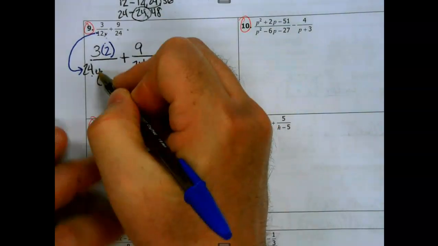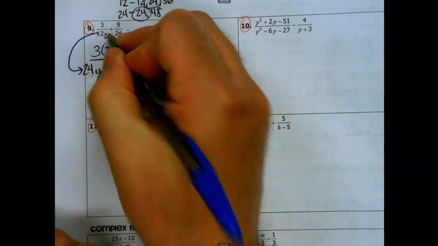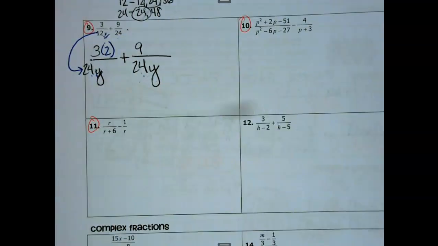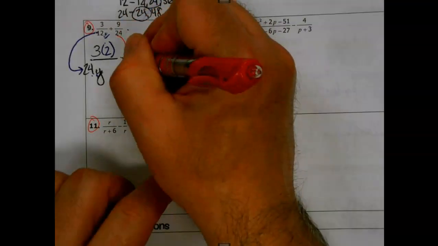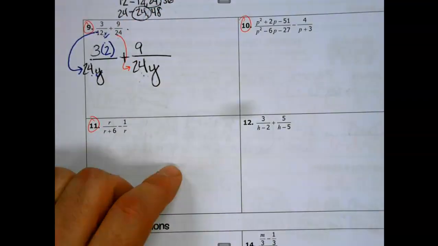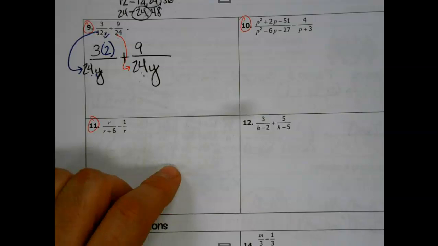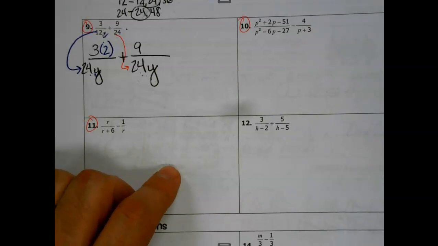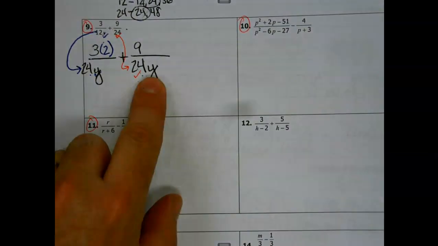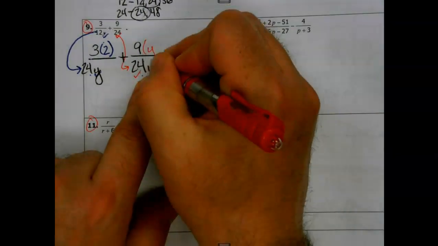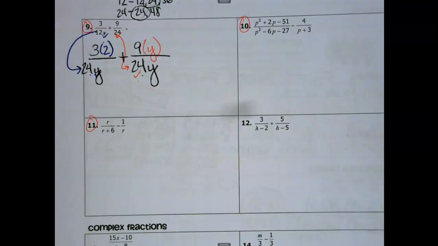But we've already got the y, so we can check that off. I do not need to put another one up there. So if you get 24, you can multiply 12 by 2, so that's why you put that in the numerator? Yes. And then we're doing the same thing here. I've already got the 24, I don't need that. But I didn't check off the y, so I have to put the y in there.